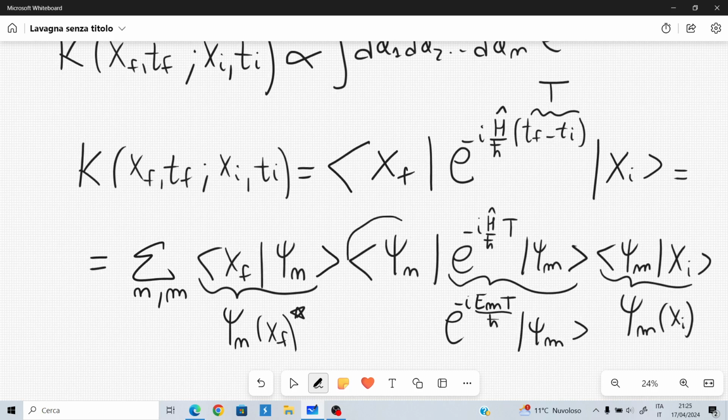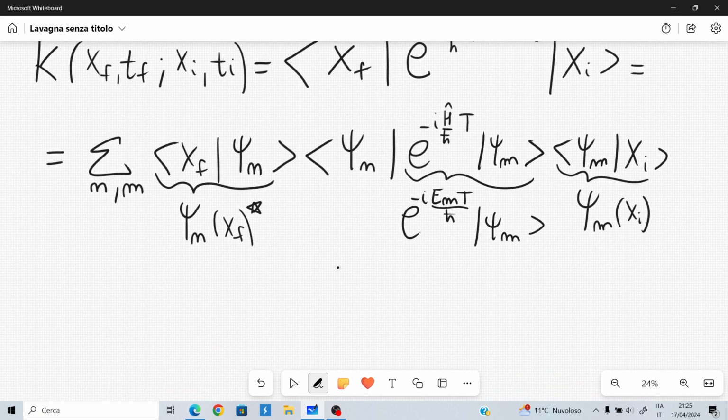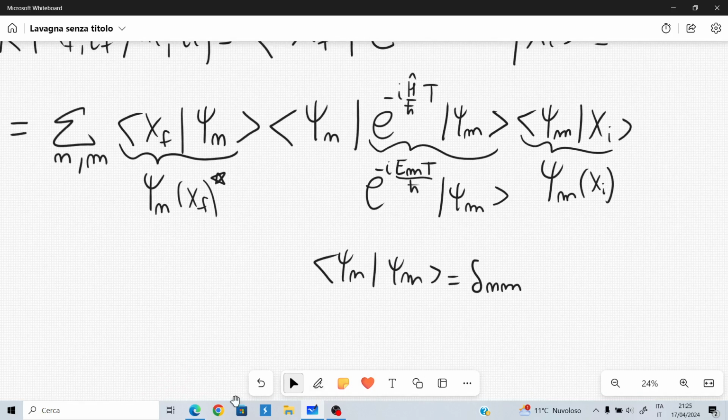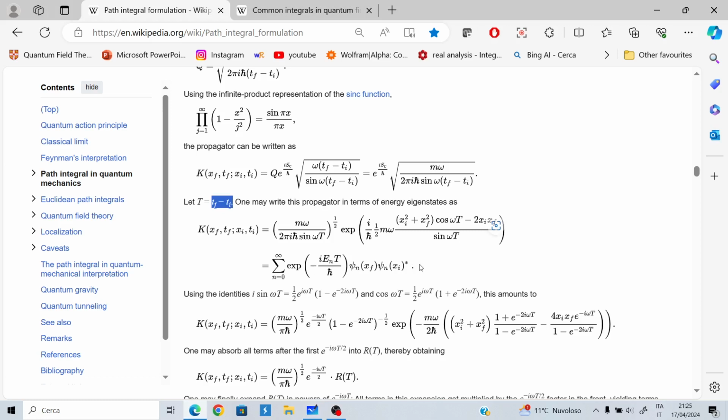Now when you consider psi sub n inner product psi sub m, you will get the Kronecker delta. You can do this because you can factor this out, since we have replaced the operator H with the eigenvalue, and this will give us delta nm if these functions are properly normalized. So once you do that, what you get is exactly the expression that Wikipedia writes here.